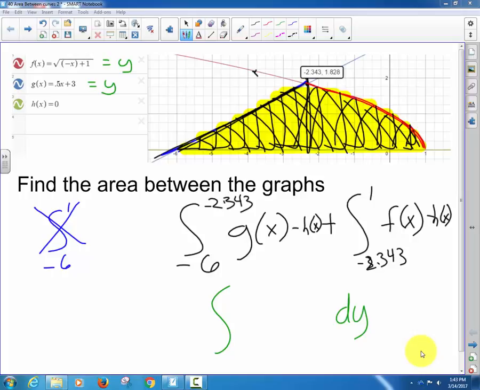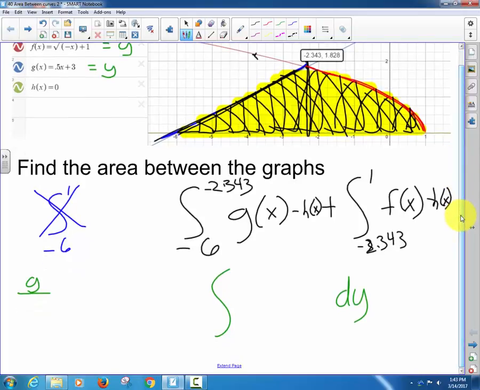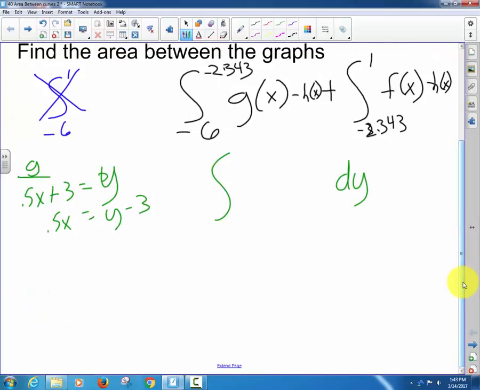So for the g function, it becomes 0.5x plus 3 equals y. If we're solving for x, it becomes 0.5x equals y minus 3, and x equals (y minus 3) divided by 0.5. What's the same as dividing by 0.5?